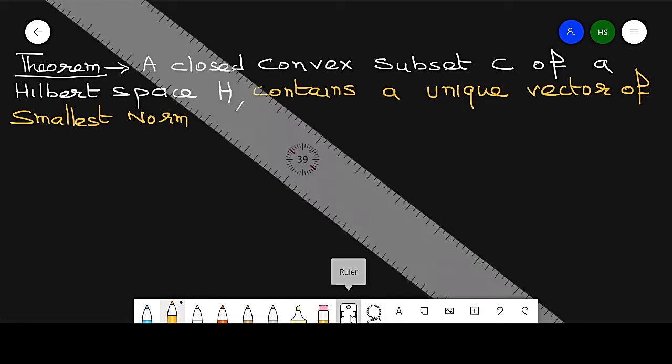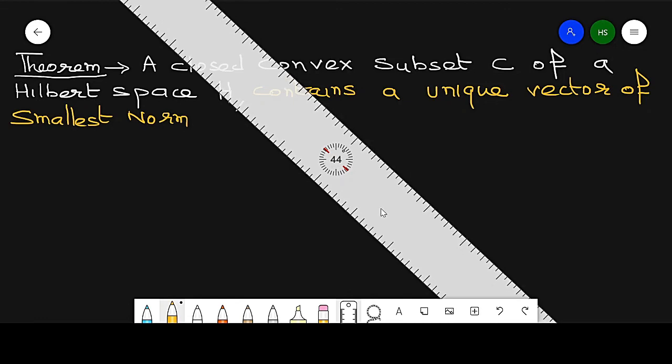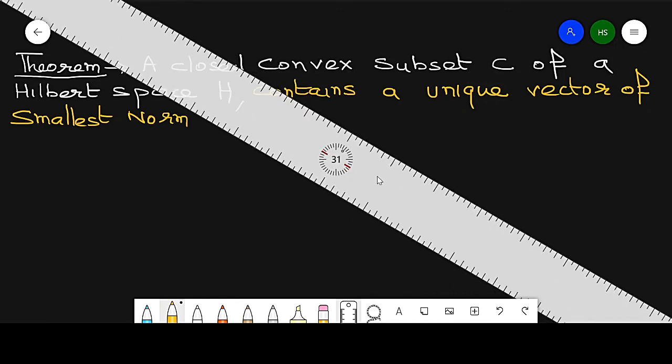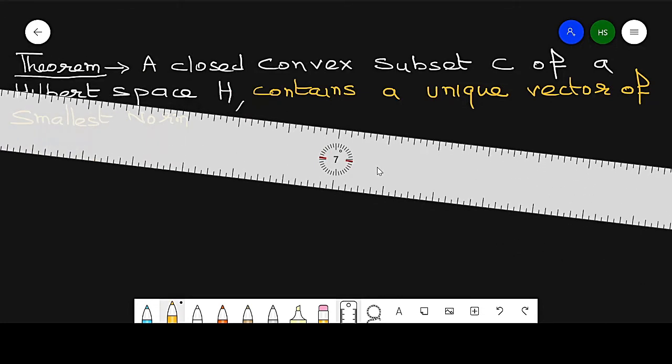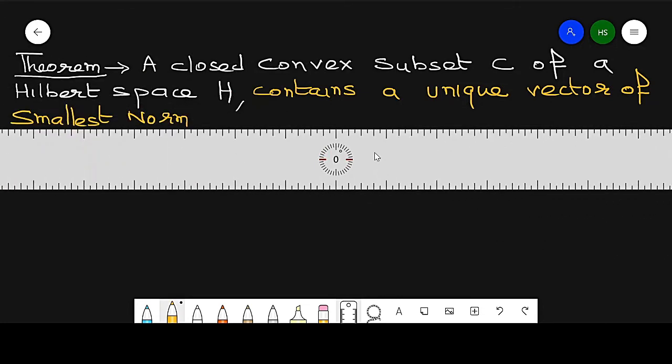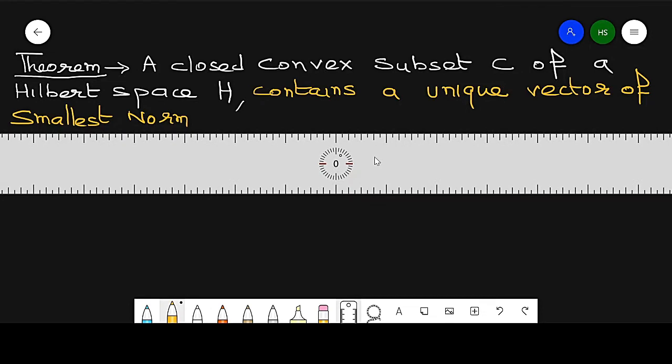So a closed convex subset C of a Hilbert space contains a unique vector of smallest norm. This is a very, very important result, expected for examination.